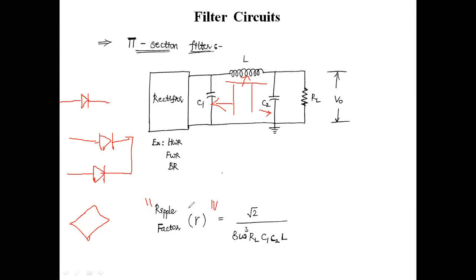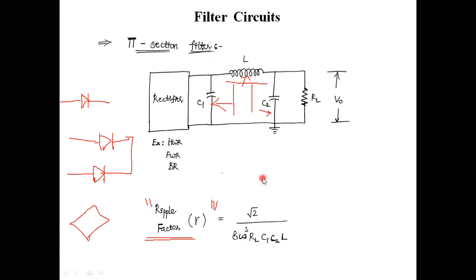By designing these different filter circuits, I can minimize the ripple factor, that is, the unwanted AC quantity present in the signal can be minimized. In this way, we can obtain ripple factor minimization by using these different filter circuits.